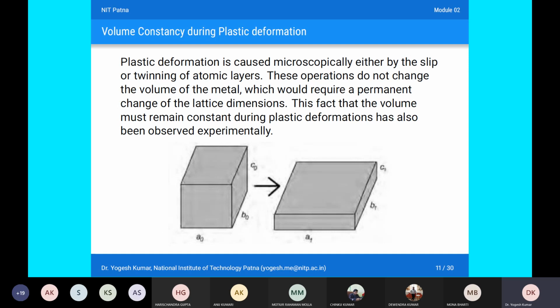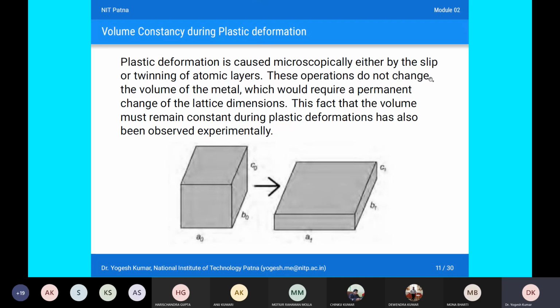Maybe you are aware, and that is why I have put this term in your material science course or manufacturing. You might have studied, but we will also take up what is plastic deformation, how this plastic deformation takes place by slip or twinning of your atomic layer.